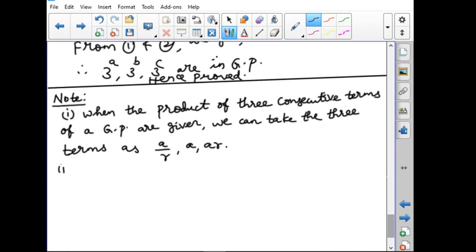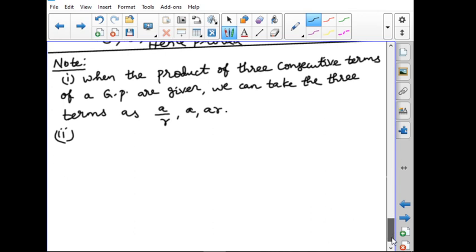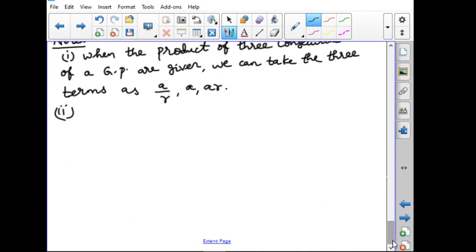The second note: three consecutive terms means we have to use this form, A by R, A and AR.